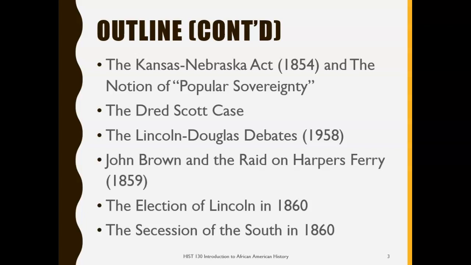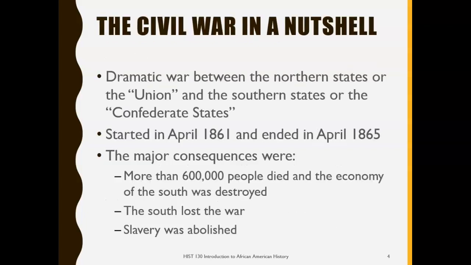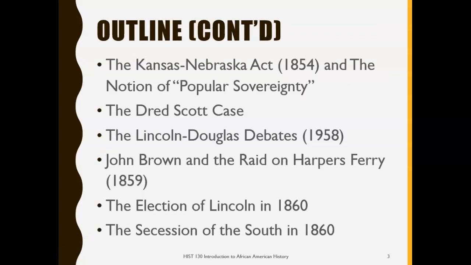The man was Abraham Lincoln, and the election was the presidential election of 1860. This election led to the secession of the southern states and the attack on the Union fort, Fort Sumter in South Carolina, which started the Civil War.